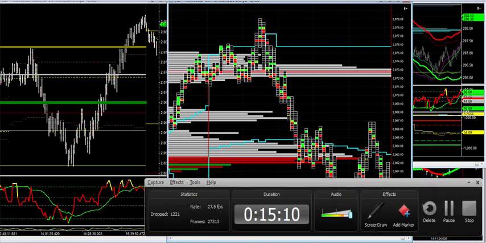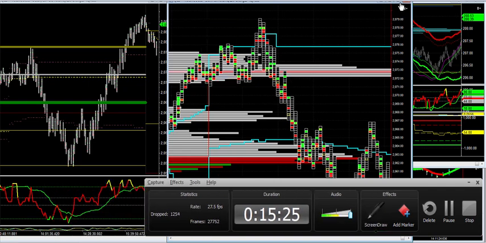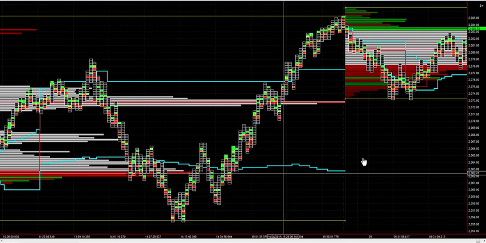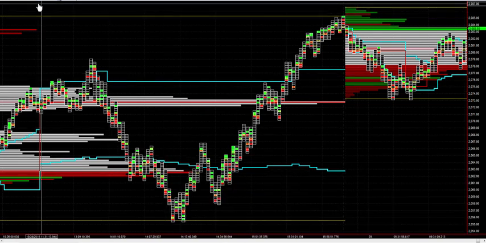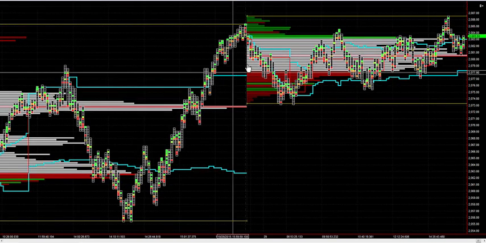We all know about the value of a day, 15 minutes, 5 minutes, right? There's a value. Let's say this is the day value. Right here, you can see market profile, right?